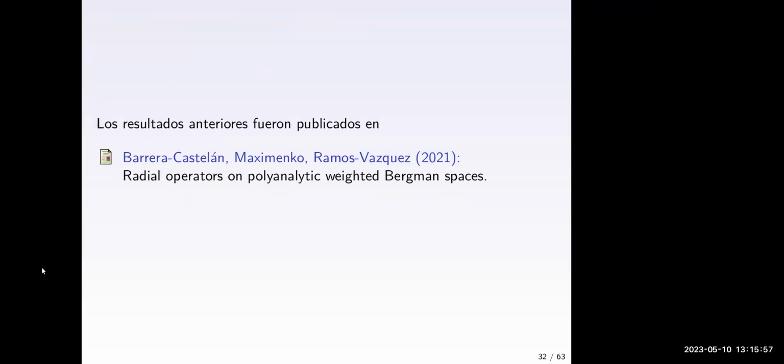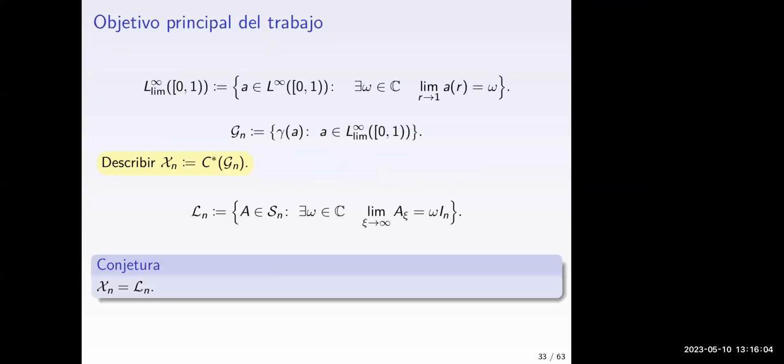We have these results in this paper with Dr. Maximenko and Dr. Ramos Vasquez.